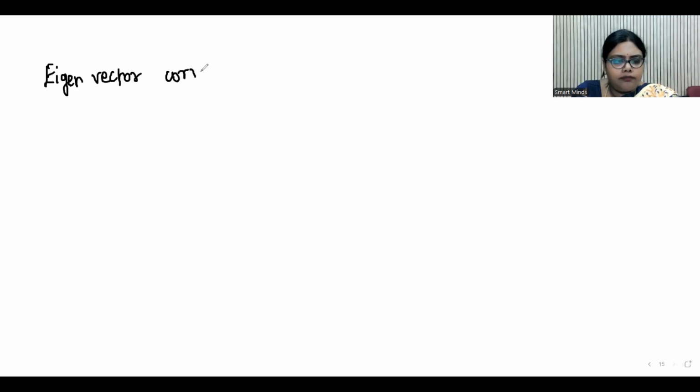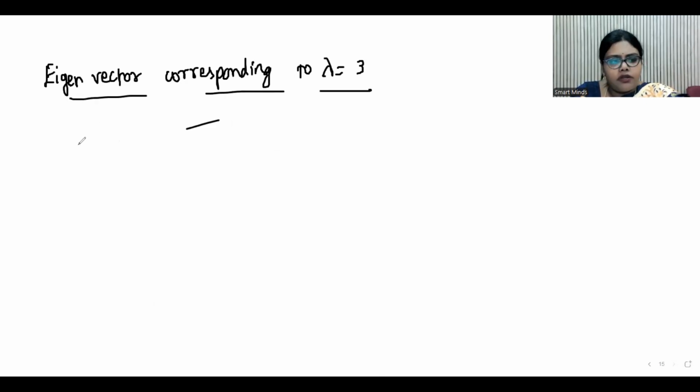Now the same way we will find out eigenvector corresponding to lambda is equal to 3. So if you substitute this lambda equals to 3 in first equation, you will get 5 minus 6, 2.